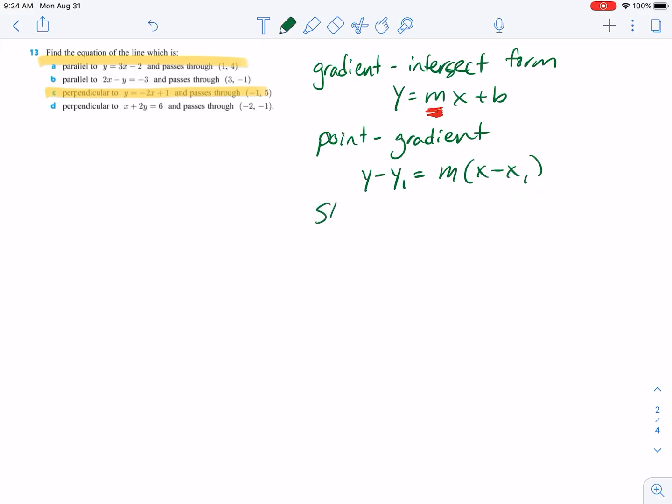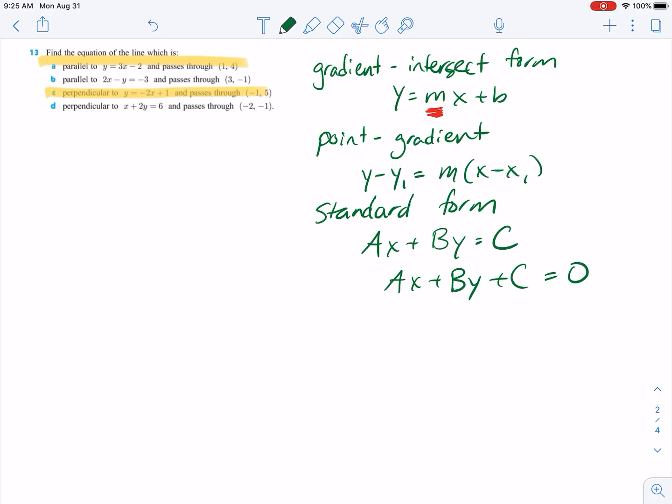And then we also have the standard form, which is ax plus by equals c. Sometimes in IB I see ax plus by plus c equals 0. That's fine, move c to the other side, and maybe this is plus, maybe this is minus.